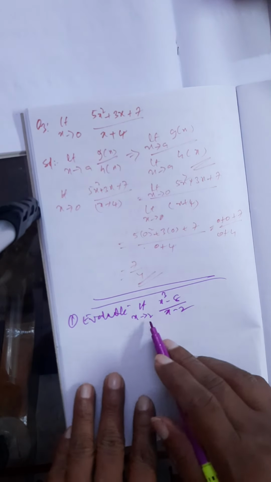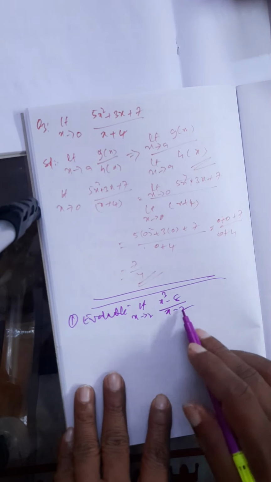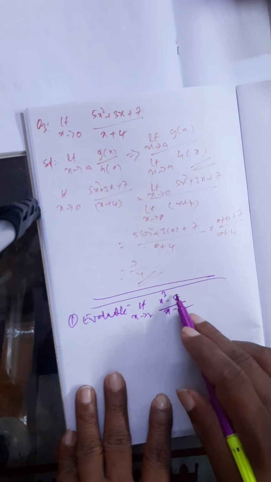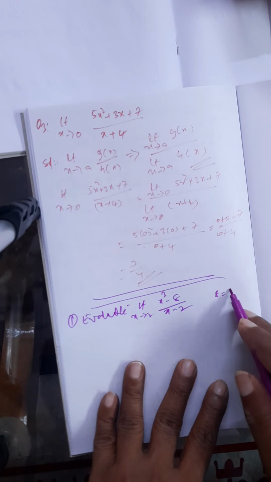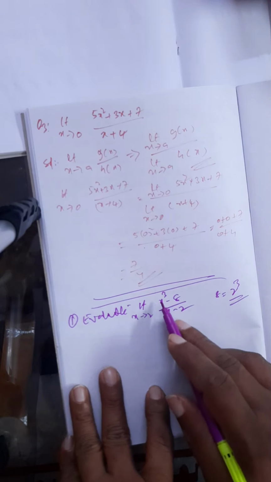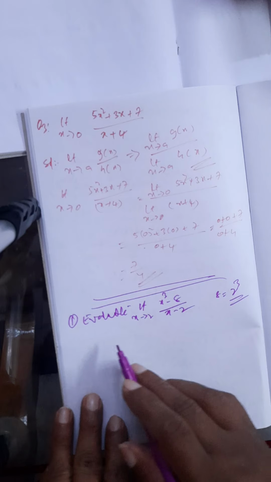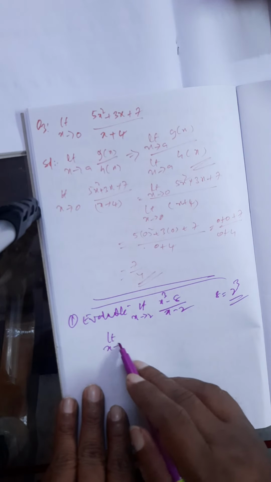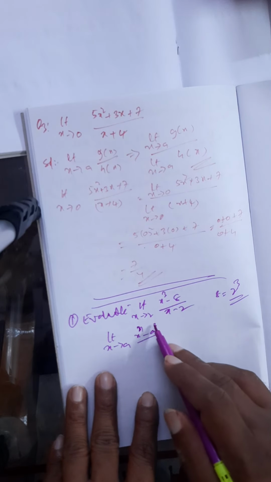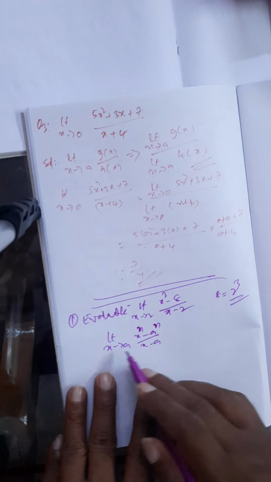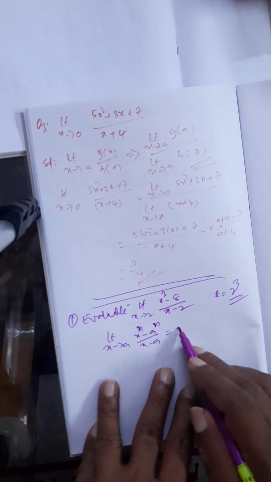Okay, evaluate limit x tends to 2 of x cube minus 8 divided by x minus 2. Just see here, x cube is there, and 8 is also a cube of another number, that is 2 cube. We can write 8 as 2 cube. So just see that x cube minus 2 cube divided by x minus 2, and the limit is also the same. Whenever this is in the form of limit x tends to a of x power n minus a power n divided by x minus a, if these terms are the same and the powers are also the same, then we can apply this formula.